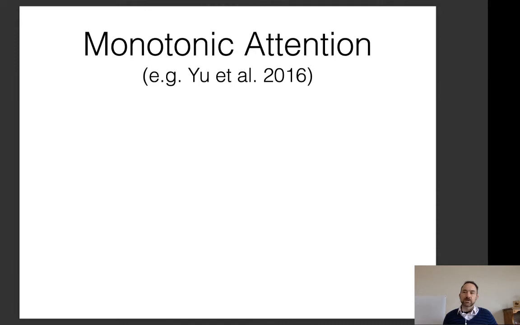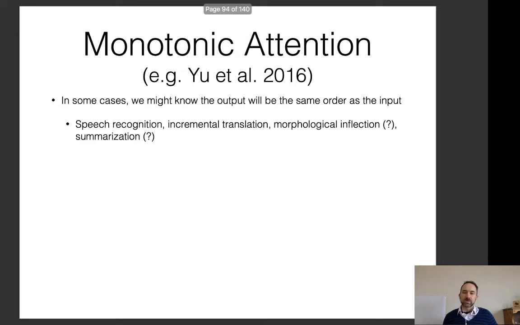Another variety of attention to be familiar with is monotonic attention. In some cases, we might know the output will be in the same order as the input. This could include speech recognition, where generally the output phonemes are in the same order as the input speech frames; incremental translation, where we want to translate a few segments at a time within a sentence; and other things like morphological inflection.